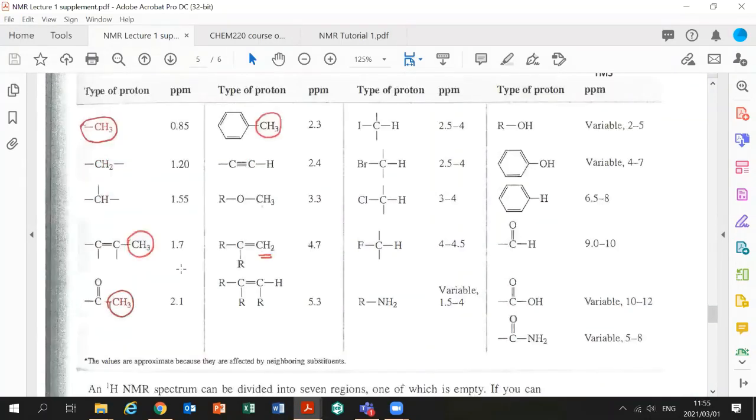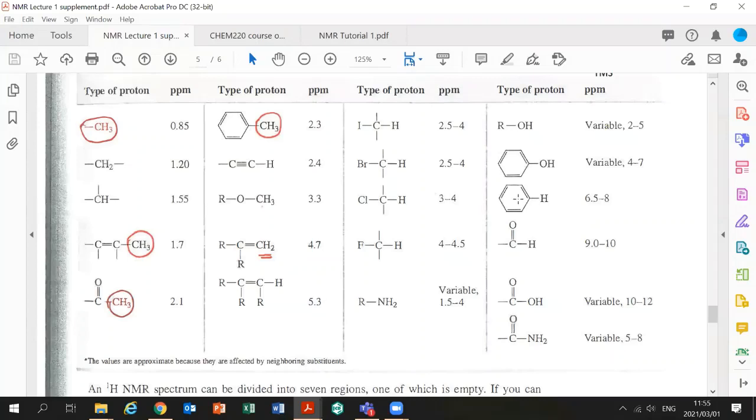Right, and this table you'll find in your books, and this table will actually show you where the different resonances are. So remember this, because of the benzene ring, that's diamagnetic anisotropy, right? And then diamagnetic anisotropy can be applied to the methyl group here. So the hydrogen bonded to the carbon bonded to the aromatic ring.